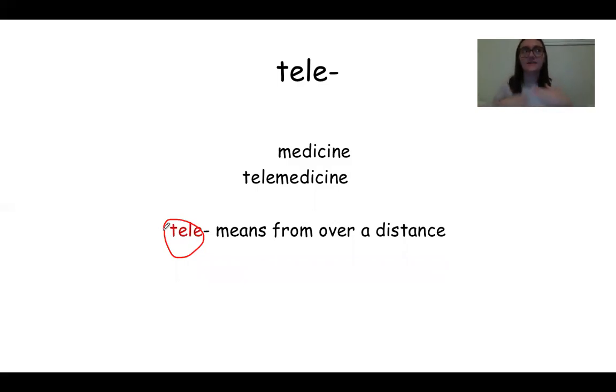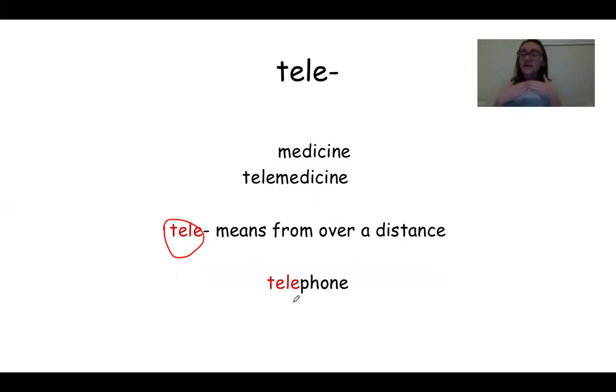It means that something is far away, but you're still doing something. So, for example, the telephone, sometimes we just say phone, right? But it was originally called the telephone. We called it the telephone because you were talking to people. This word phone has to do with talking.